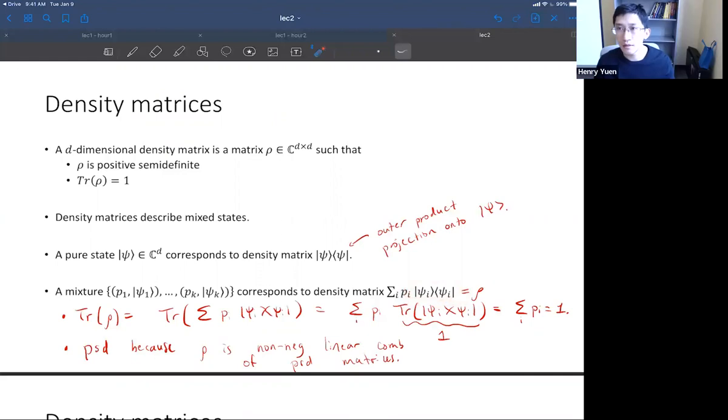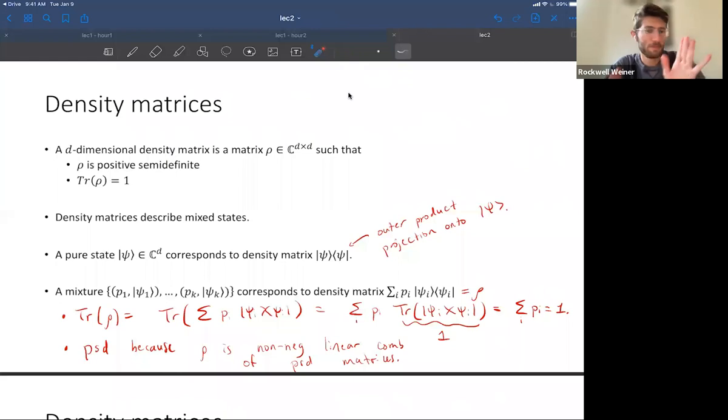Rockwell? Yeah, I don't know if maybe you're getting to this, or maybe this isn't a meaningful question, but is there a way to read the density matrices? Like if you look at index ij, does that tell you something about a certain state, or does it not make sense to look at it that way?